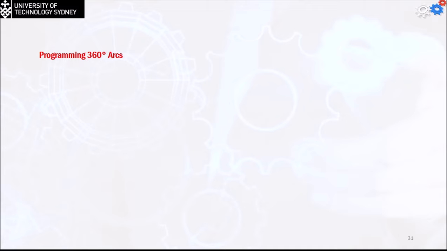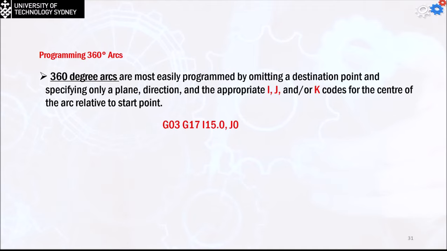The R code can only cut up to 359 degrees, but it cannot complete the 360 degrees. Well, don't ask me why, but that's what happens. So 360 degree arcs are most easily programmed by omitting the destination point and specifying only the plane, direction, and the appropriate I and J or K codes for the center of the arc relative to the start point.